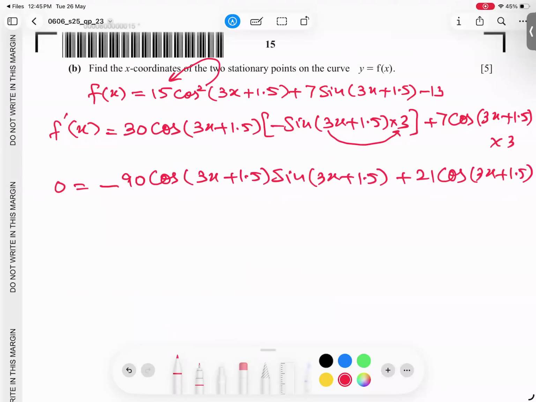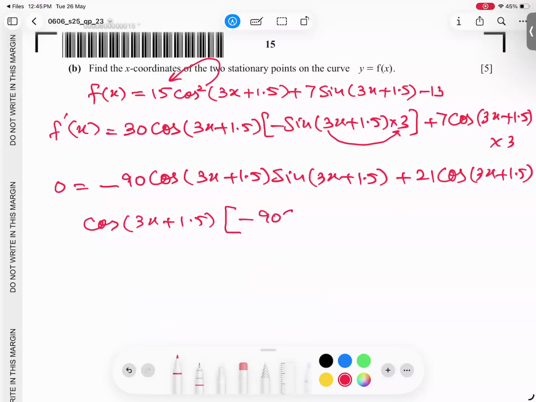Now you see, student, this is the same. I can take it common from here. So what happens, students? I take common cos 3x plus 1.5 out. What is left?